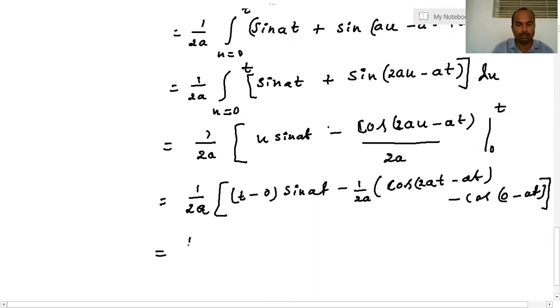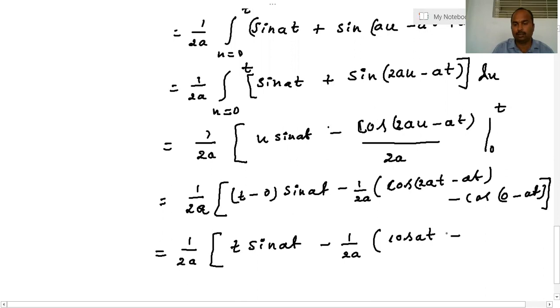Now 1 by 2a into t sin at minus 1 by 2a into cos(2at minus at) will be cos at, minus cos(minus at) will be cos at. Okay, now these two terms get cancelled.